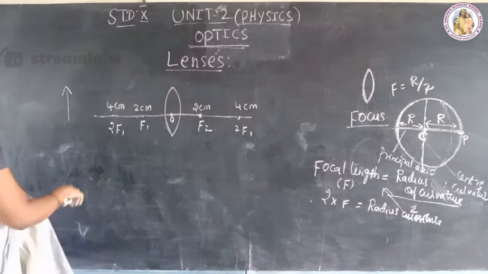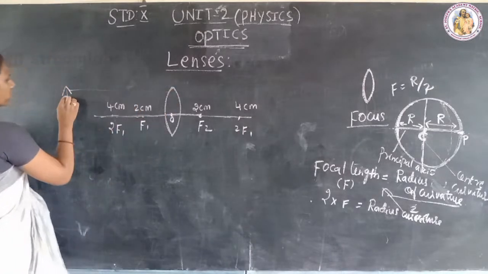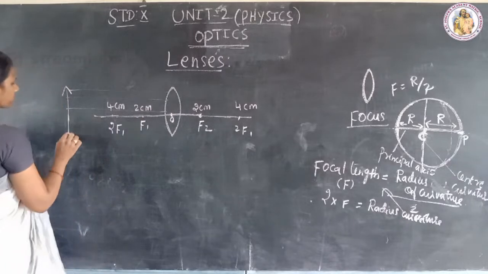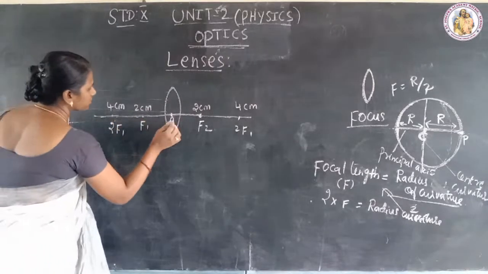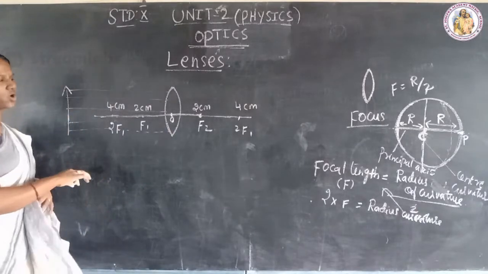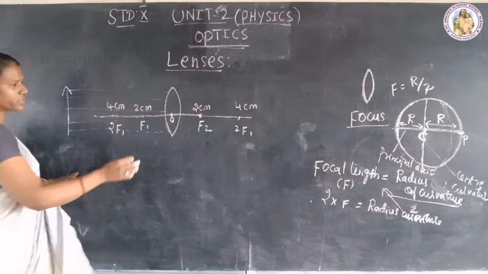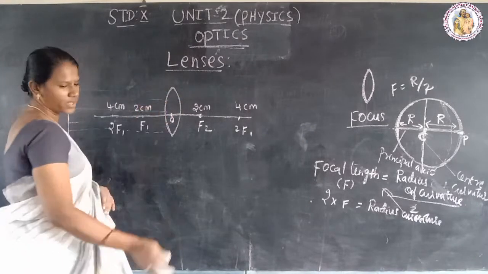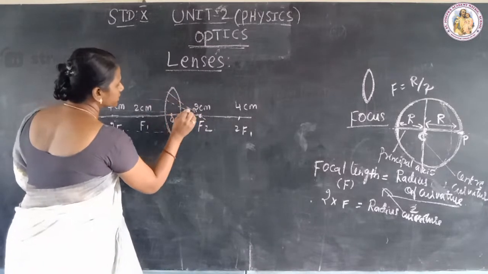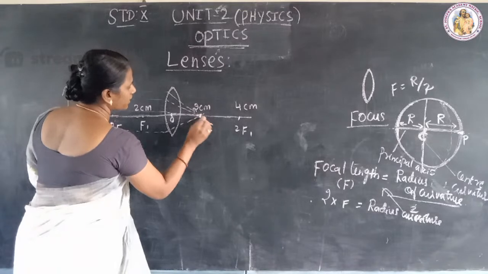What about the rays falling on the lens? All the rays are parallel to the lens. At that time, after it gets refracted, it is converged at the point F.